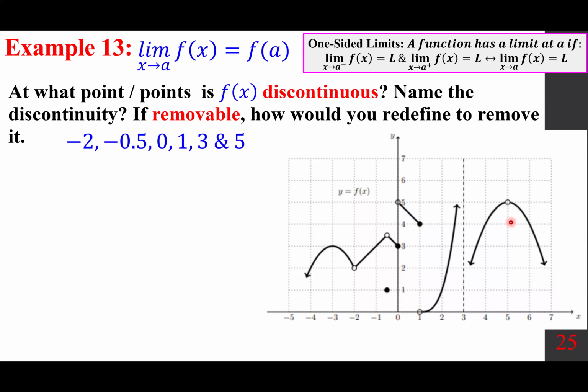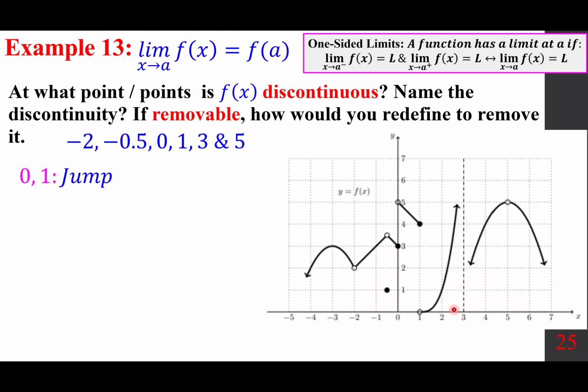Now we're going to discuss each one. So as you can see, at 0, it jumps from here to here. At 1, it jumps from here to there. So we have a jump at 0, at 1. This is what?